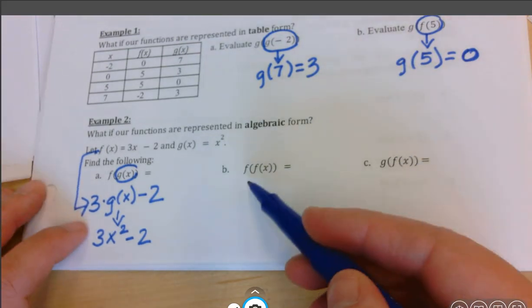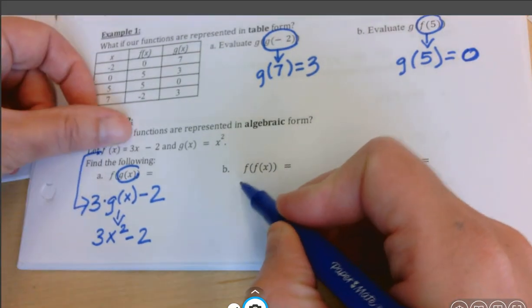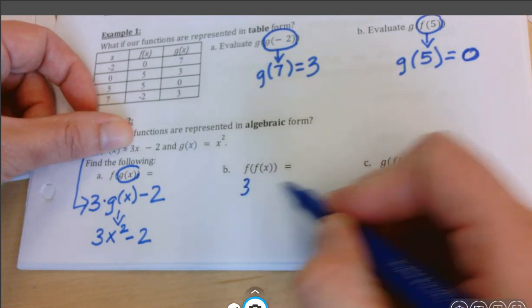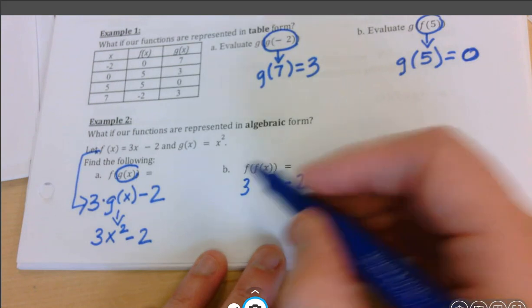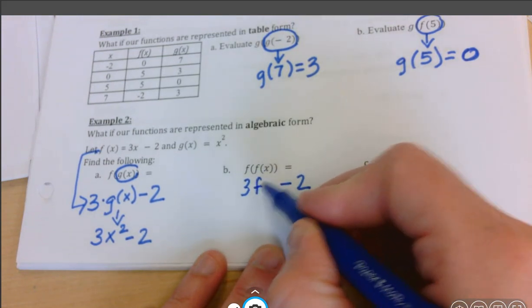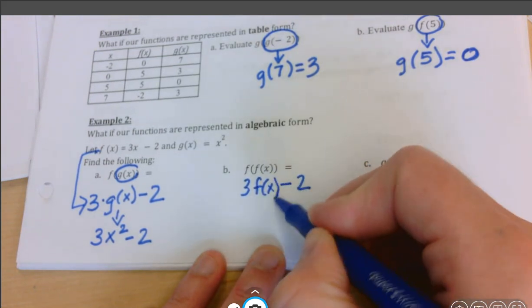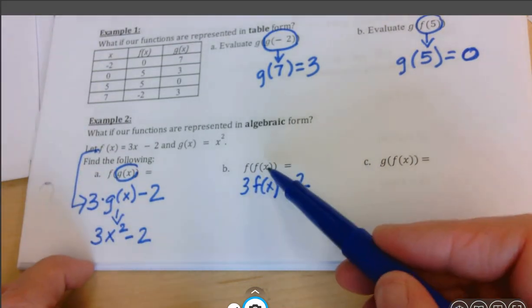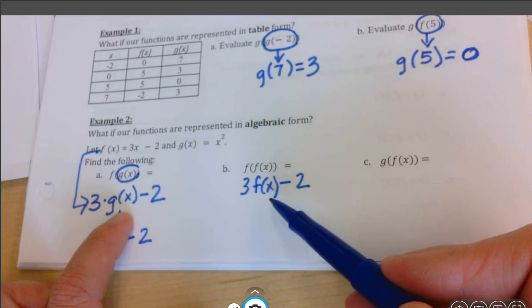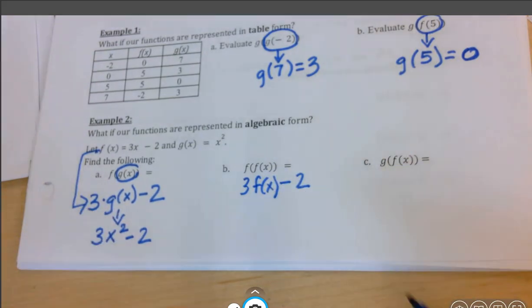This time my outside function is f again, and f is 3 times something minus 2. This time my inside function is f of x. So it starts the same because outside is f for both of them. But this time I'm putting f of x in for x.